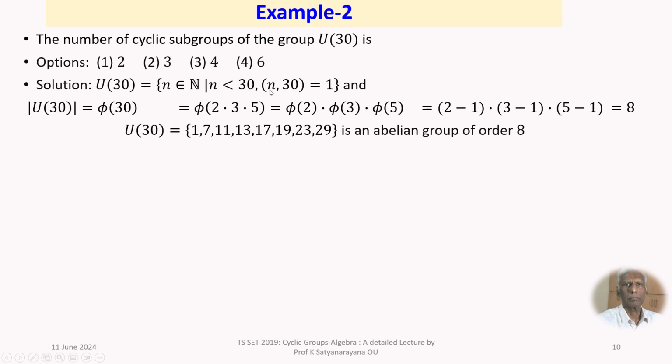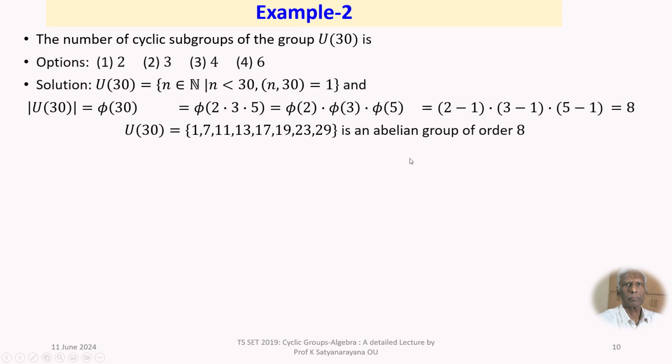The greatest common divisor between 7 and 30 is 1. In a similar manner, 11, 13, 17, 19, 23, 29. And it is an abelian group because these are numbers and commutativity is there. It's a group. UN is a group under multiplication, and it is an abelian group of order 8 under multiplication.